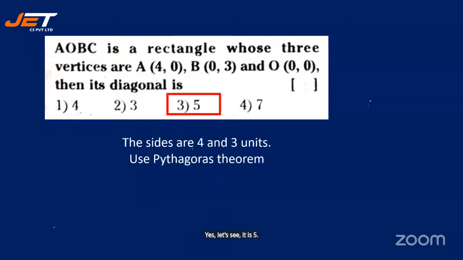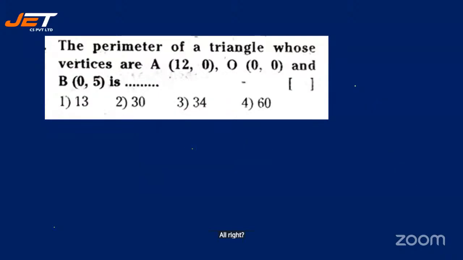Right? How? Root of 4 square plus 3 square, 16 plus 9, so root of 25, which is 5. That is why your option 3 is correct. All right? Yes. Now see the next question.